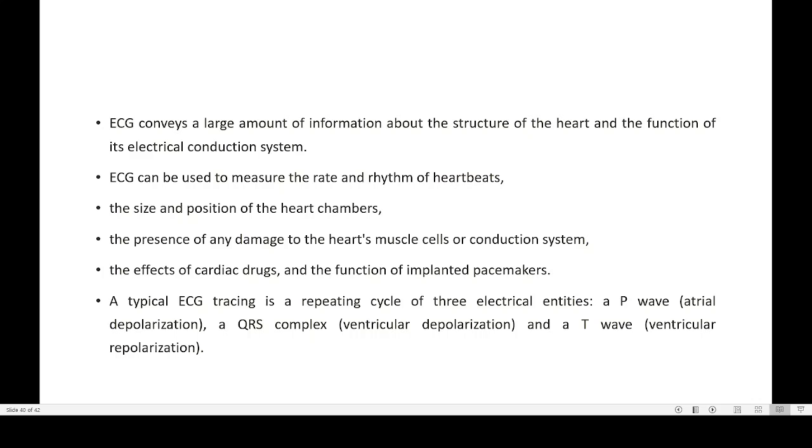A typical ECG tracing repeats 3 electrical entities. The P wave, as I told you, is during atrial depolarization, contraction of the atrium. QRS is ventricular depolarization, contraction of the ventricle. The T wave is the ventricular repolarization, ventricular relaxation.